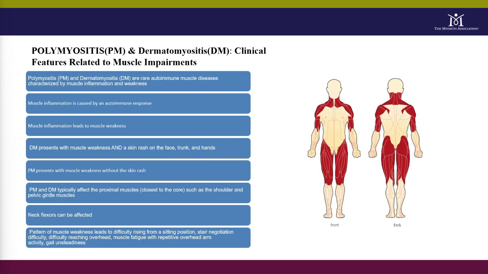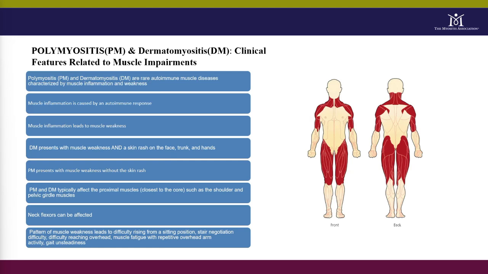I want to begin by giving you a quick overview of the clinical features of polymyositis and dermatomyositis as it relates to muscle impairments. As you all know, PM and DM are rare autoimmune muscle disorders characterized by muscle inflammation. The muscle inflammation is triggered by an autoimmune response, and it leads to chronic muscle weakness.